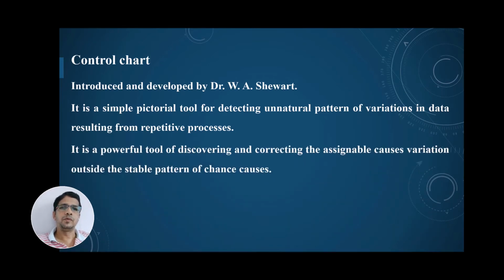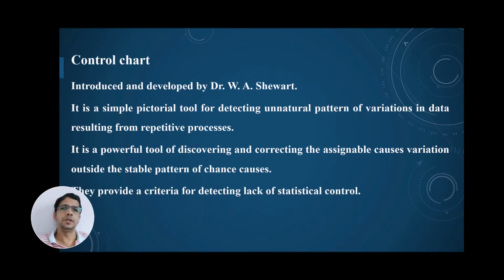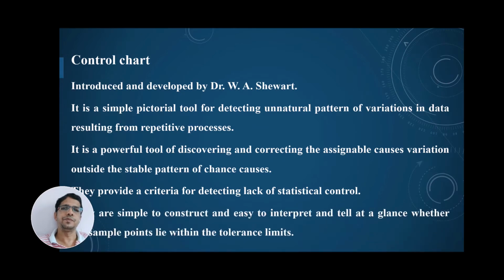It is a powerful tool for discovering and correcting assignable causes of variation, if they are present outside the stable pattern of chance causes, which are allowable variations. They provide a criterion for detecting lack of statistical control. They are very simple to construct and easy to interpret, and tell at a glance whether the sample points lie within the tolerance limit.